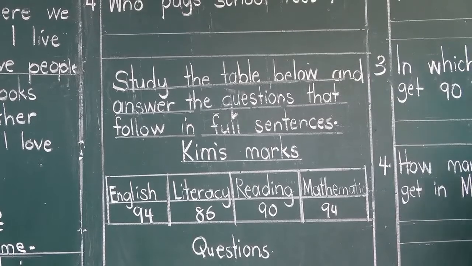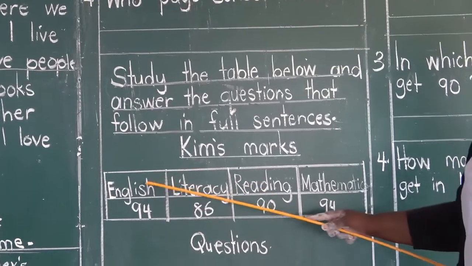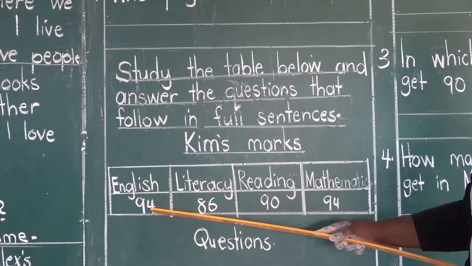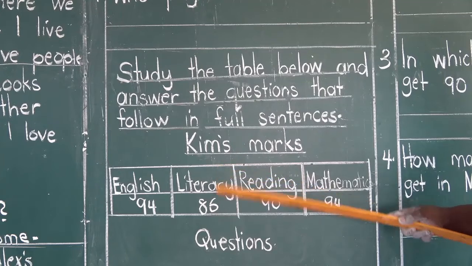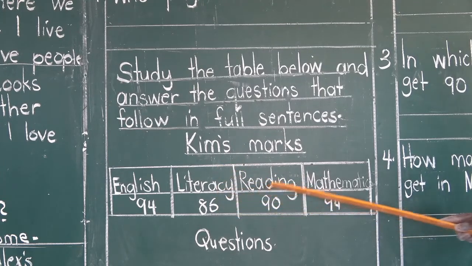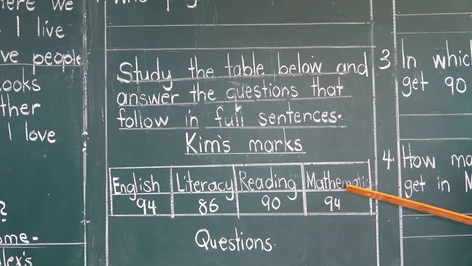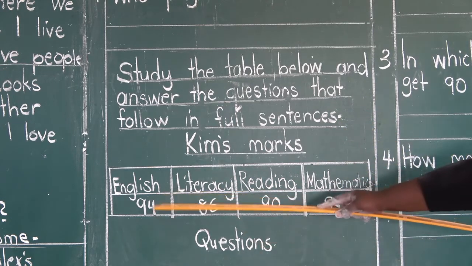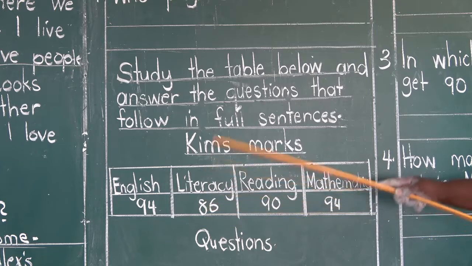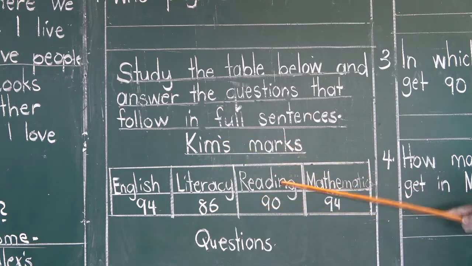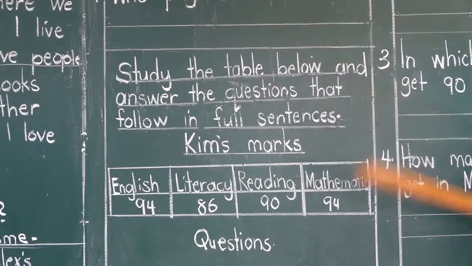Let me read again. English, he got 94. Literacy, he got 86. Reading, he got 90. Mathematics, he got 94. So here are the questions.